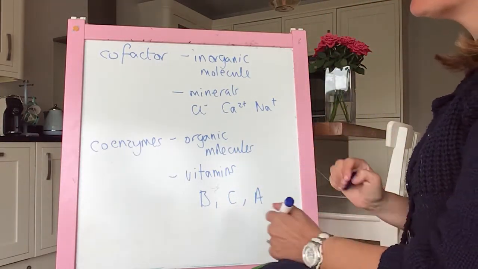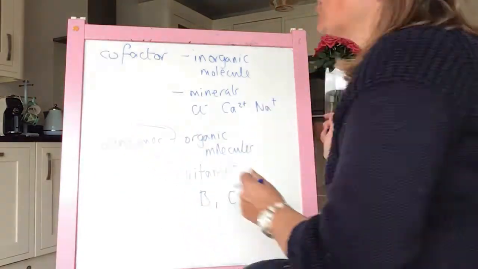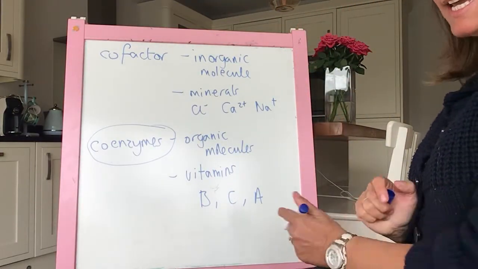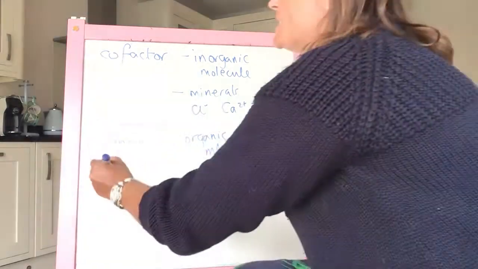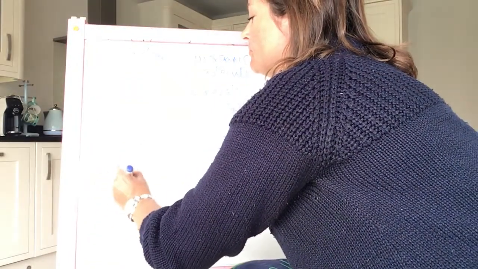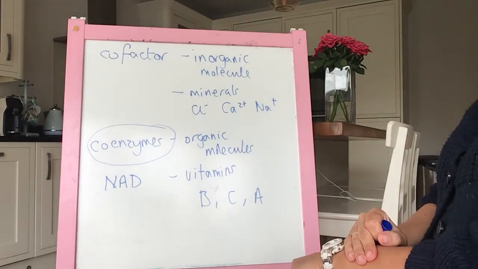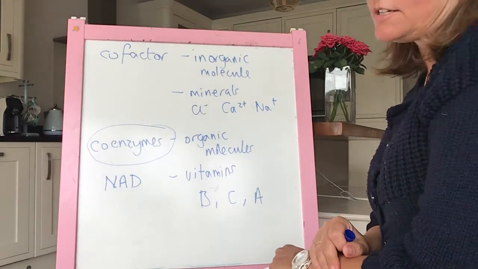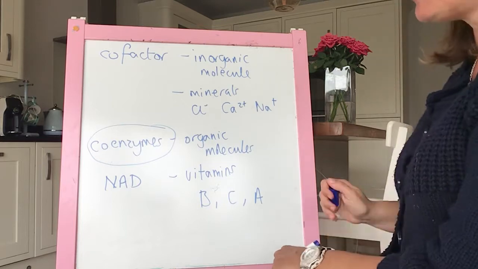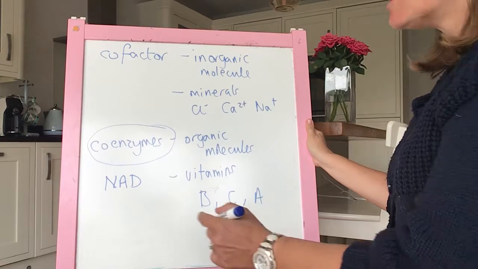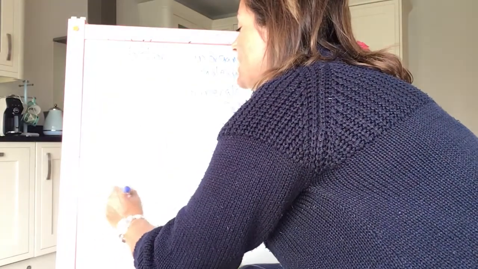Now, it's coenzymes that are involved in respiration. Very specifically, 3 types. NAD. Now, NAD actually stands for nicotinamide adenine dinucleotide. But thankfully, you don't need to know that for your exam. Just call it NAD. The other coenzyme you need to know about is FAD.